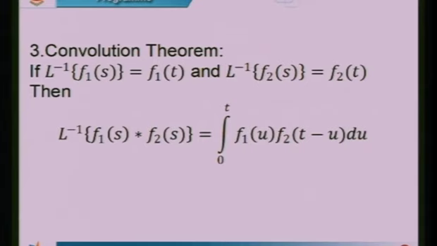What is this convolution theorem? The convolution theorem says: if L inverse of F1(s) is F1(t) and L inverse of F2(s) is F2(t), then L inverse of F1(s) into F2(s) is the integration from 0 to t of F1(u) F2(t minus u) du. What does it mean? And when do you have to use this formula?